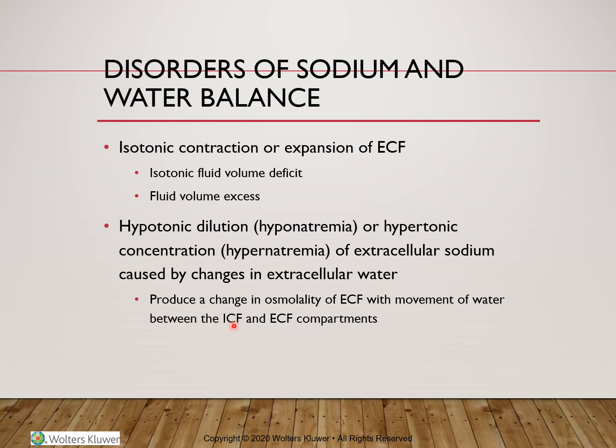And so these changes in water balance produce a change in osmolality of the ECF and an overall movement of water between the ICF and ECF compartments. So in these hypo and hypertonic solutions, we see water moving between the ICF and ECF. In isotonic changes, we don't typically see those net movements of water in and out. We see an overall expansion of ECF or a decrease in ECF.